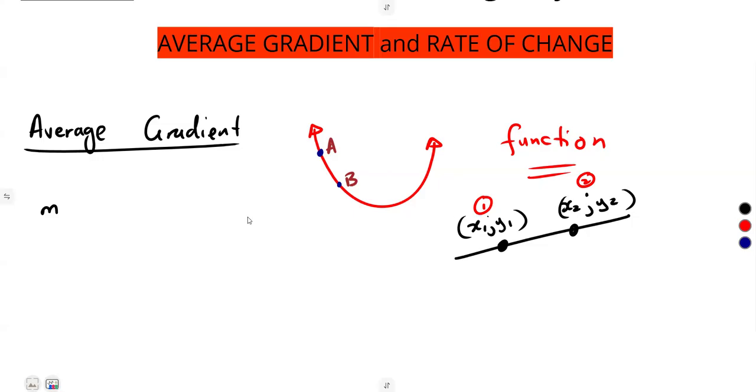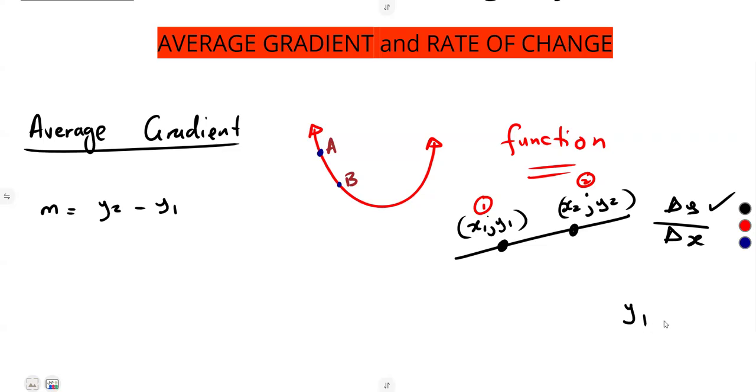So the gradient in basic consideration is taken from the change in y over the change that happens in x. The change in y is simply the difference between these 2 points. So you're going to need y2 minus y1. That is the change in y.